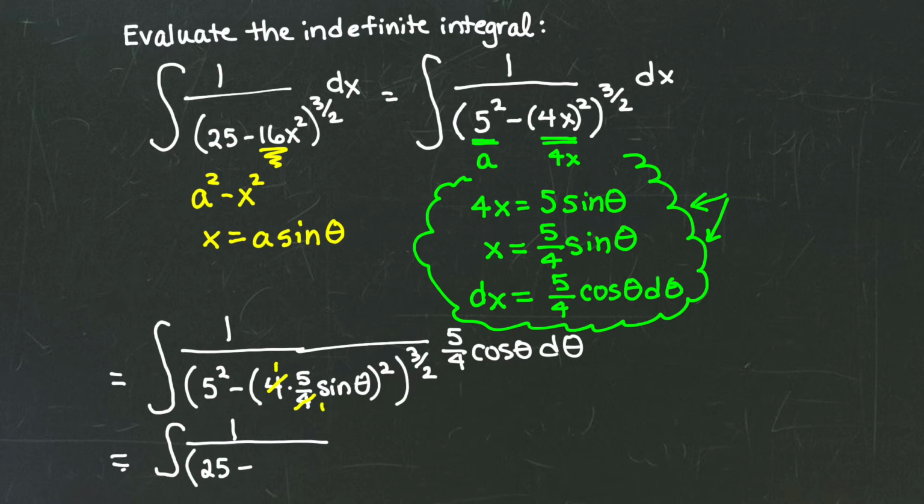And we are just left with (5 sine theta) squared, or 25 sine squared theta, in that bottom, raised to the 3/2, times 5/4 cosine theta d theta. I think at this point you guys could actually finish this if you wanted to. I'll go a little farther and see if I can work this out just a little bit.